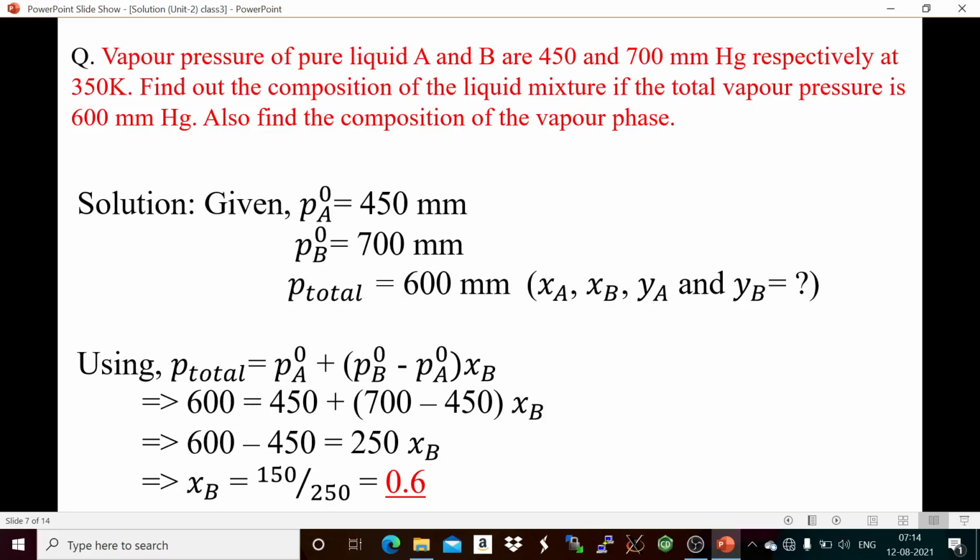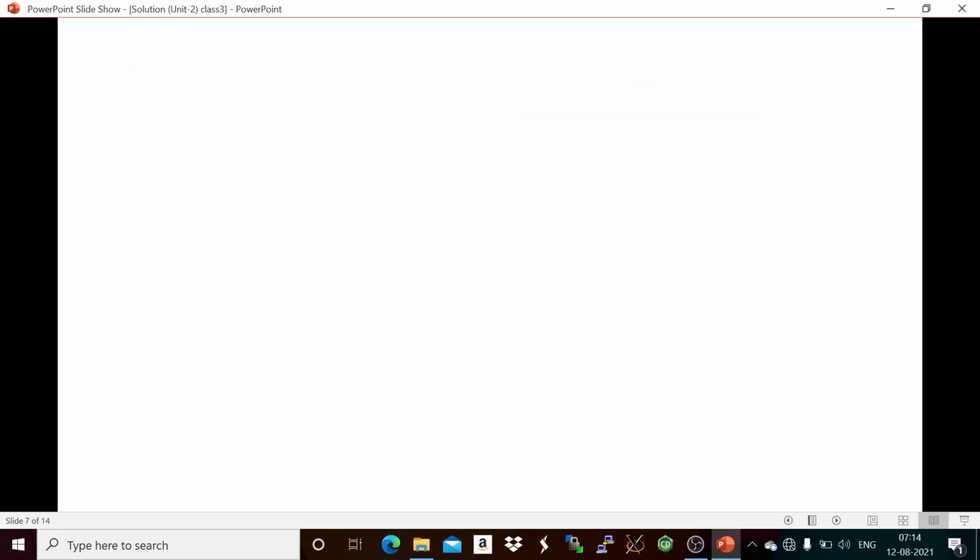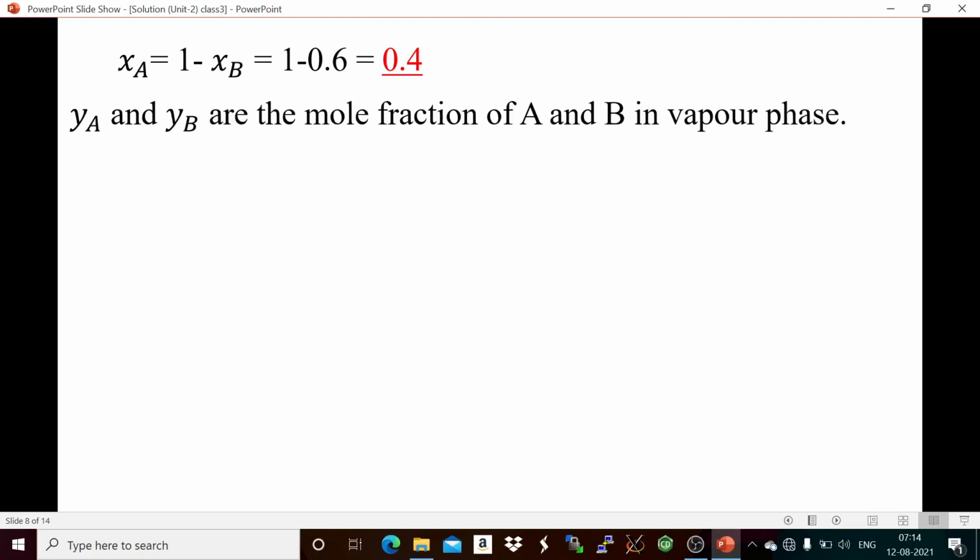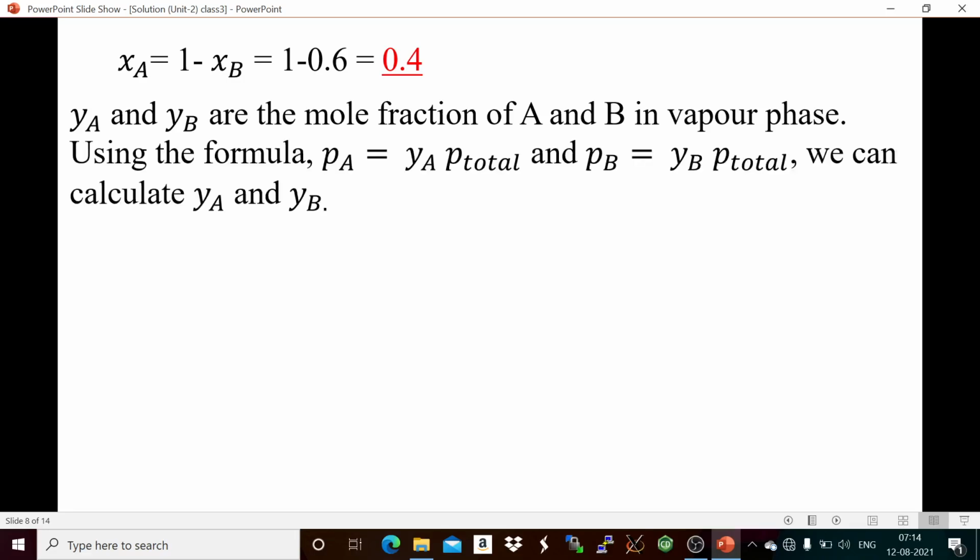Next, XA is 1 minus XB. We can find XA directly using 1 minus XB, because XA plus XB is 1. So it is 0.4. Similarly, if YA and YB are the mole fractions of A and B in the vapor phase, we can find YA and YB using the formulas PA is equal to YA P total, PB is equal to YB P total.